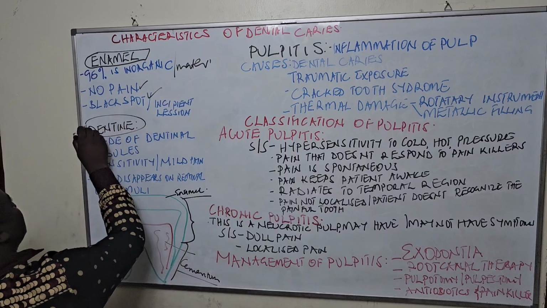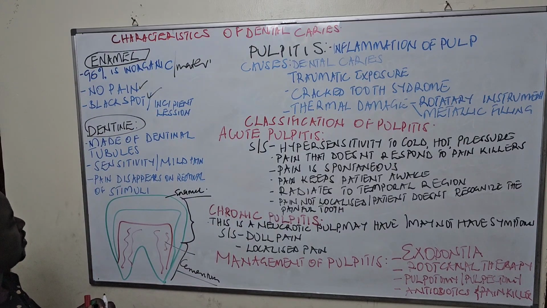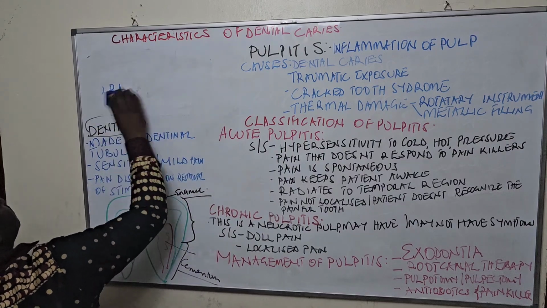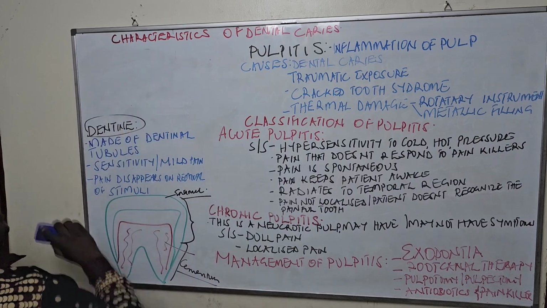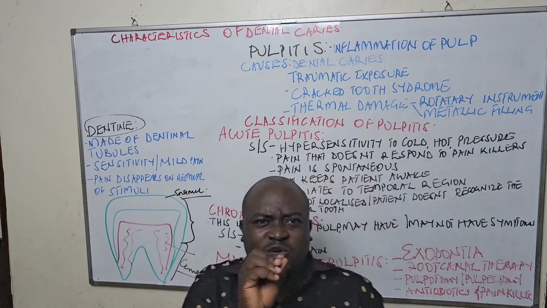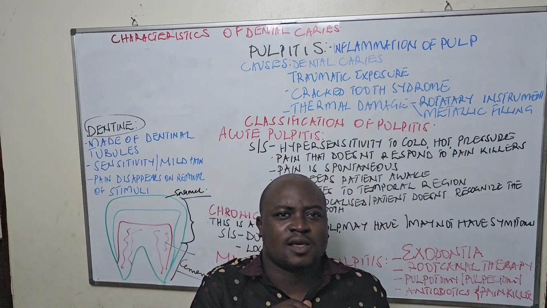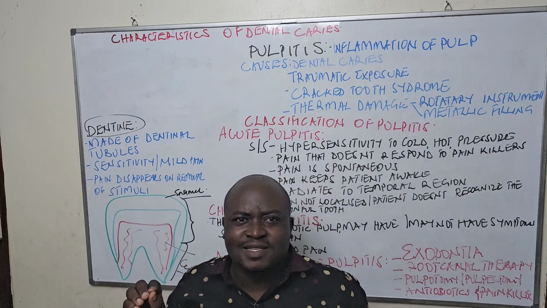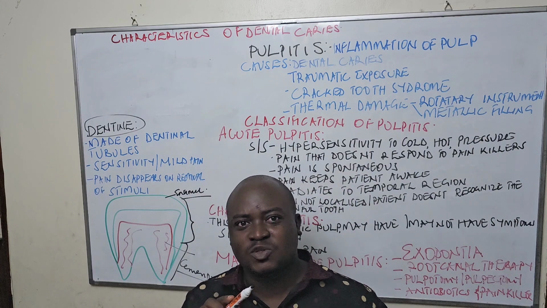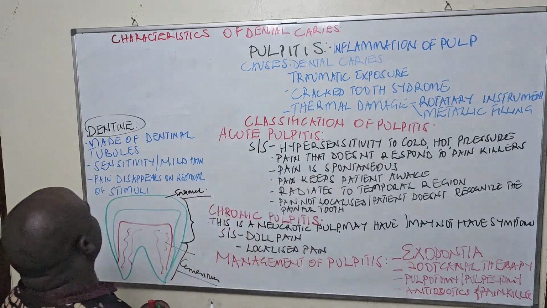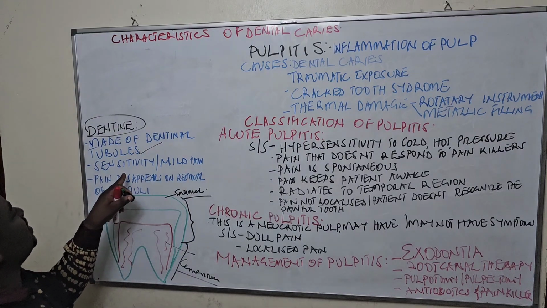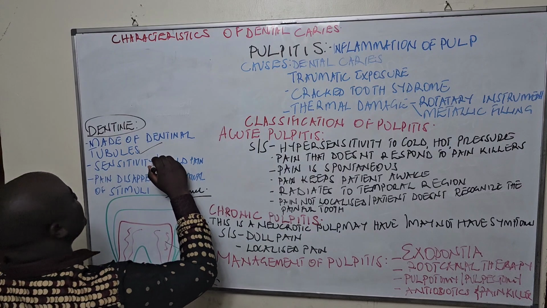What of the dentin? The dentin is made up of small components, small tubes, small straws called tubules. We call them dentinal tubules. So these small tubes, or dentinal tubules, are the ones that are responsible for sensitivity.